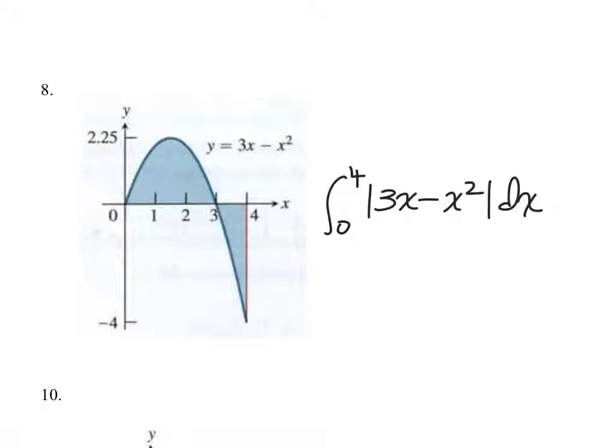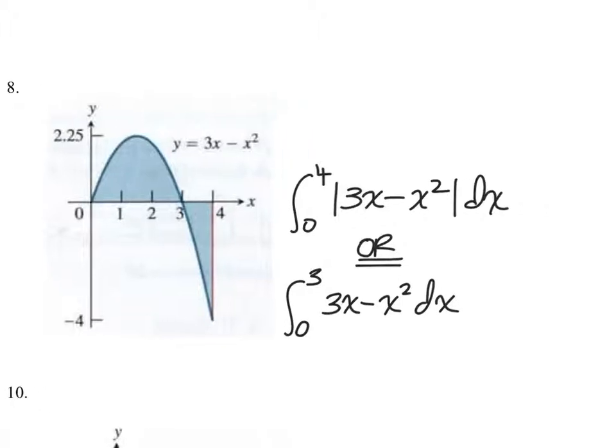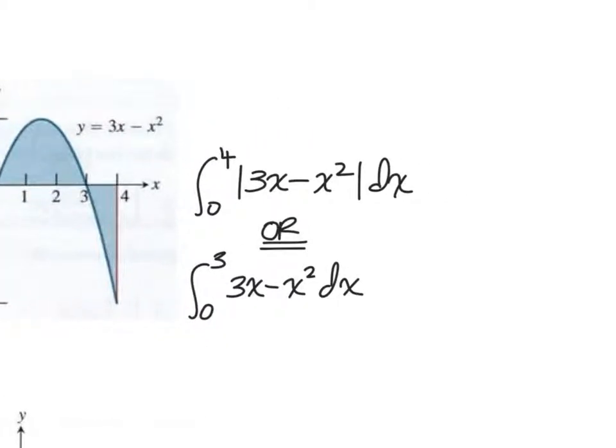If that's the case, you might break it up and say the definite integral over the interval of 0 to 3 of the function itself added to the absolute value of the integral going from 3 to 4 of that same function.